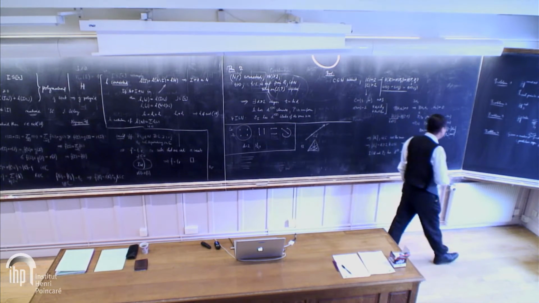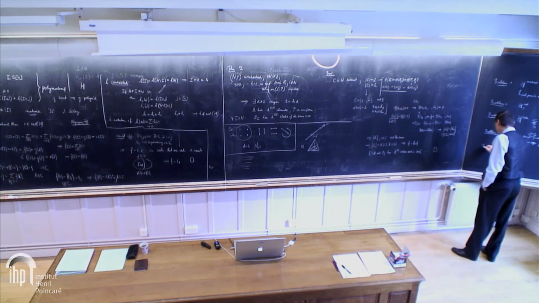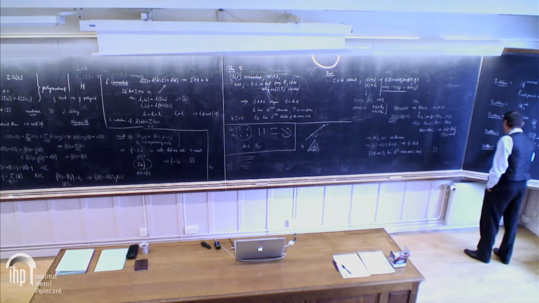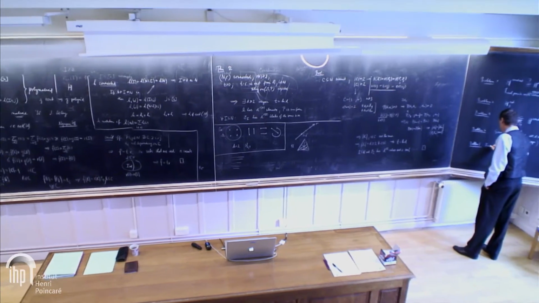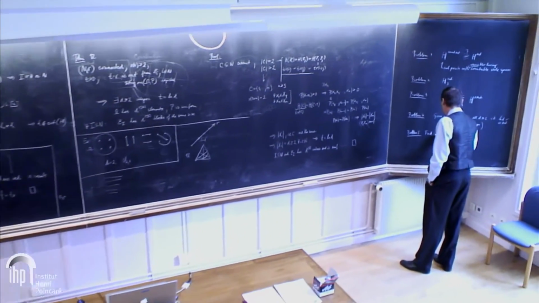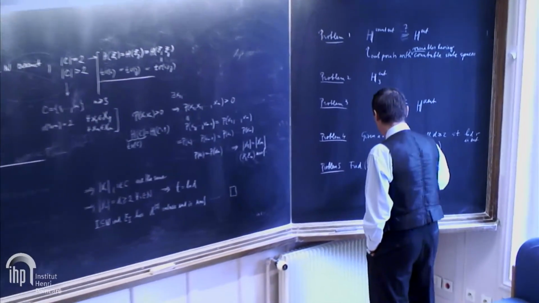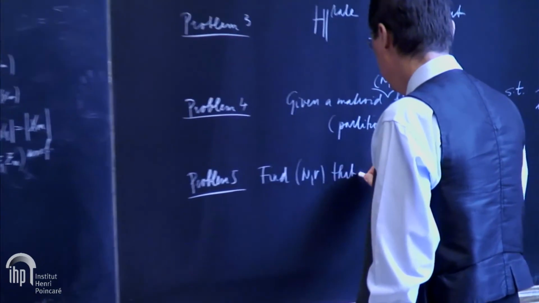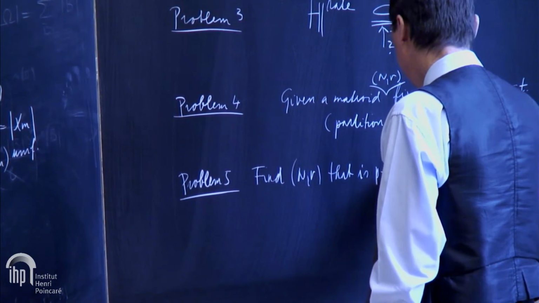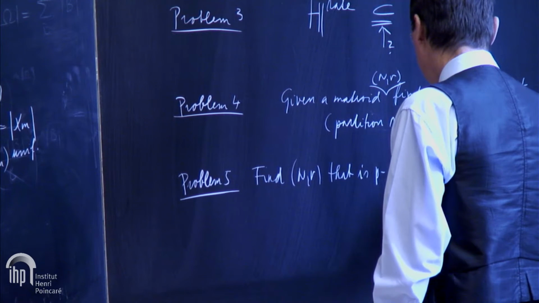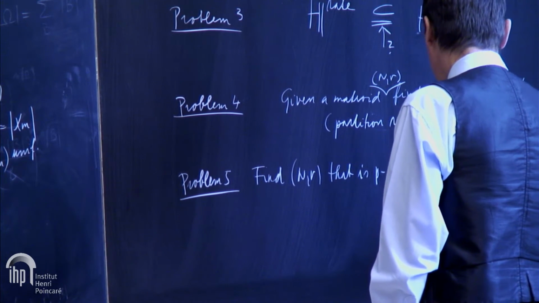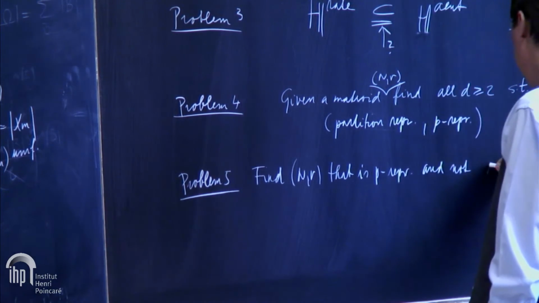Problem 5. I have it on my slides. Find a matroid that is P representable and not multilinear.